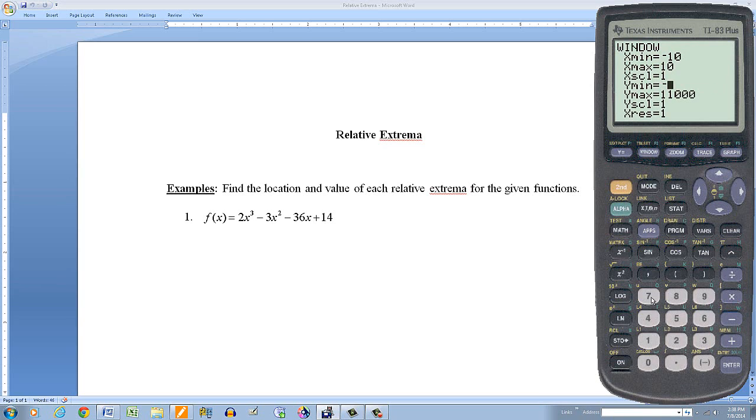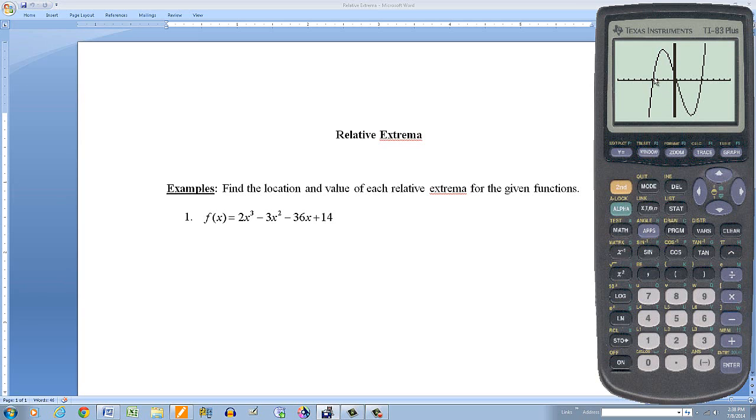Let's say minus 70 on the y, and 70. And then I just hit graph. And there you have the graph.